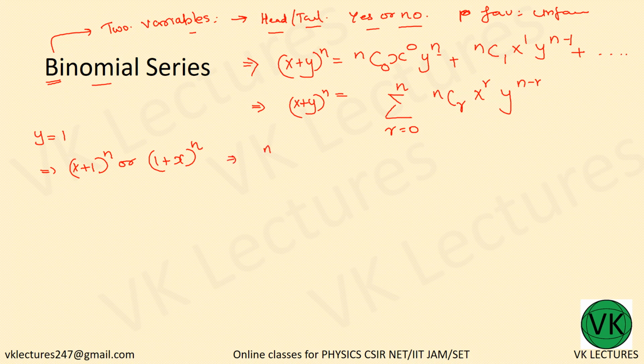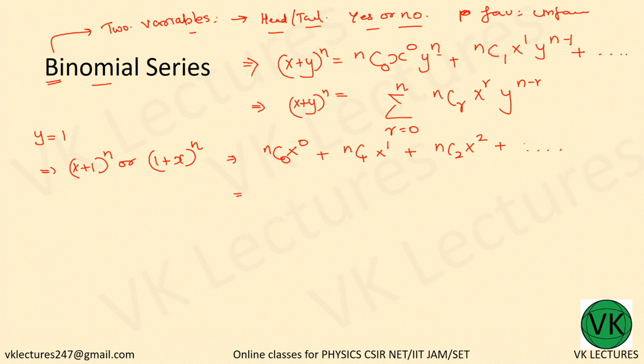As nC0 x to the power 0, y you need not consider because y to the power anything is 1, then plus nC1 x to the power 1 plus nC2 x to the power 2 plus, and it goes on.